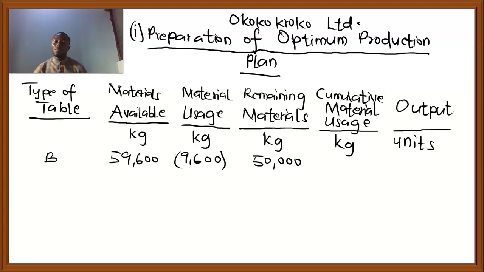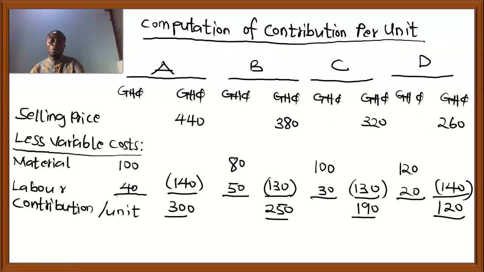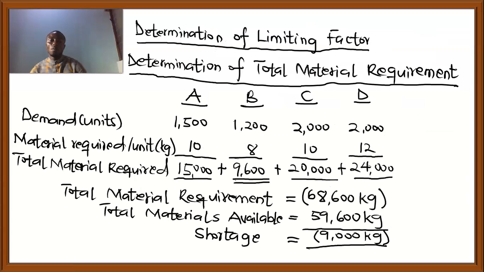Then the cumulative material usage is the total number of material spent so far. Because we've used 9,600, it means we've spent 9,600 so far. If we use 9,600 in producing table B, then we are going to produce the total number of units required of 1,002.